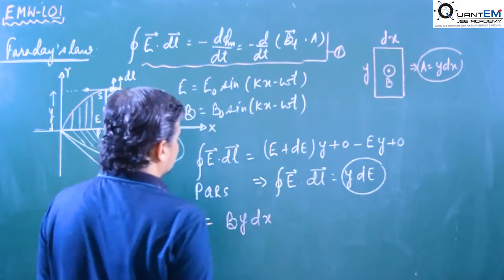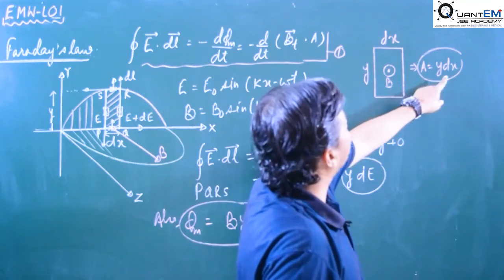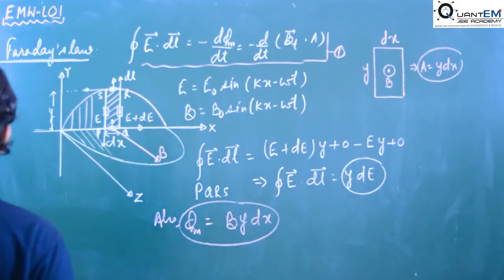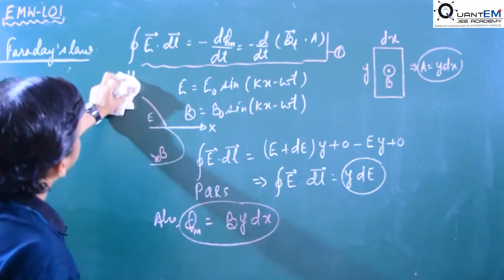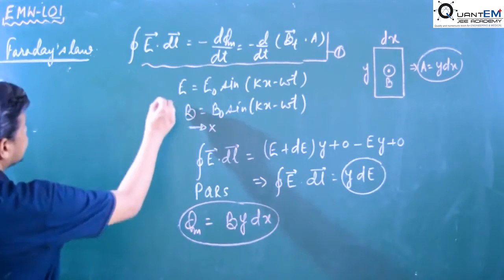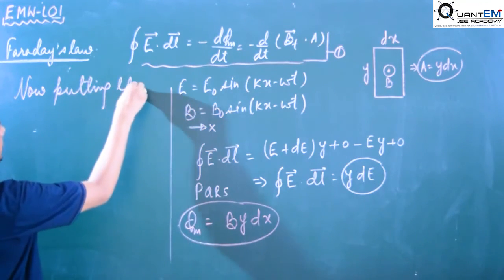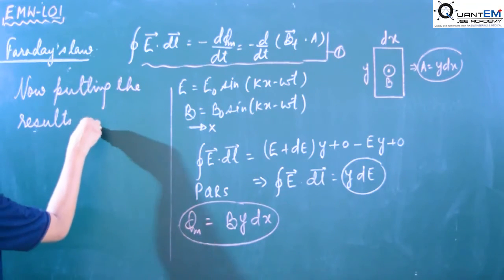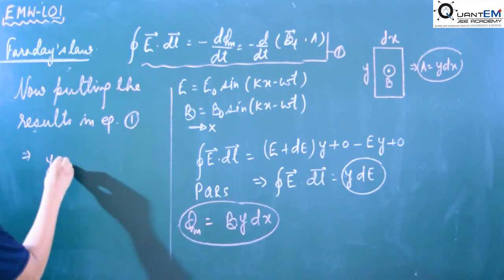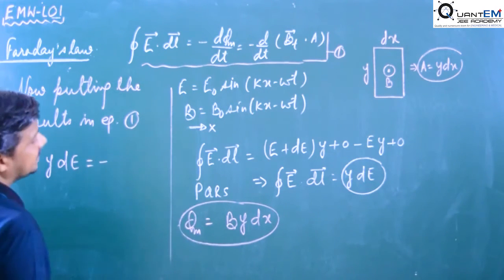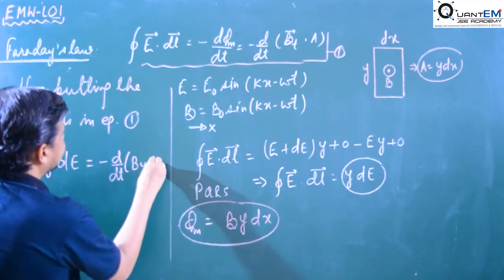Suppose this one is equation 1. We put these values in equation 1: magnetic field into area, and the area is y dx. Now we come to the result. Putting the results in equation 1, what is E dot dl? E dot dl is y dE, which is equal to minus d phi m by dt, that is d by dt of B y dx.